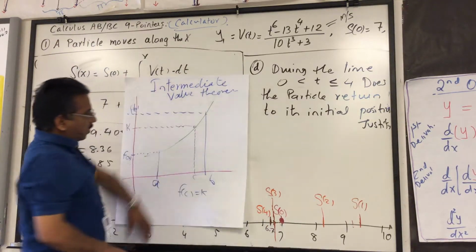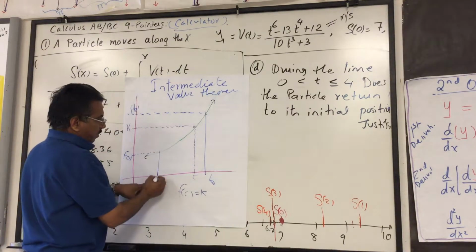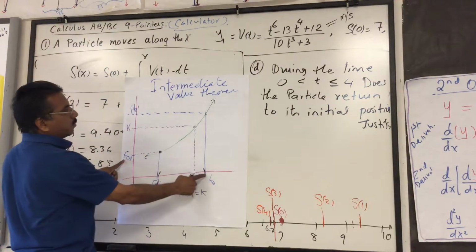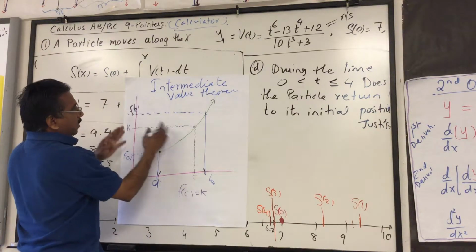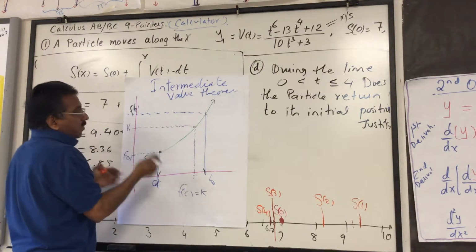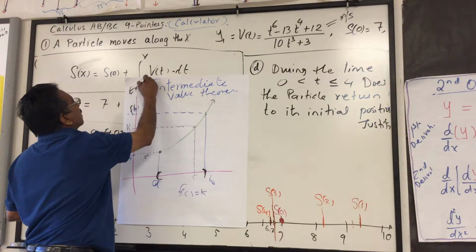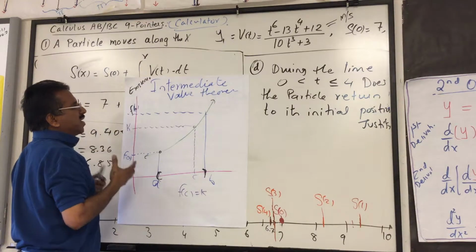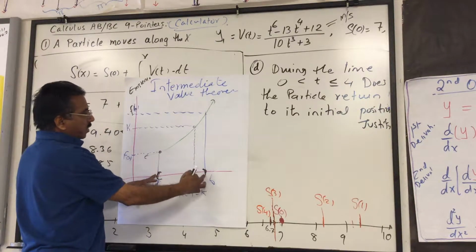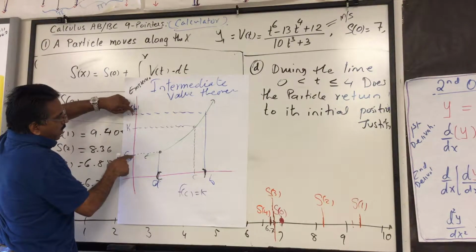We have a continuous graph, which is differentiable on the interval from A to B, and you will see that for A there will be f of A, for B there will be f of B. If it is continuous on a closed interval, that gives the existence of the intermediate value theorem, which means if there is a function which is continuous in a closed interval, then these are the minimum and the maximum.